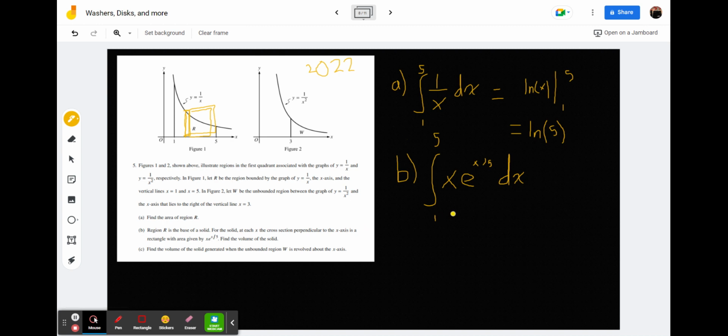In order to evaluate this integral, we'll have to use integration by parts. So let's say that u is equal to x, and dv is equal to e to the x over 5, which means that v is going to be the integral of that, so 5 e to the x over 5, and du will just be dx.